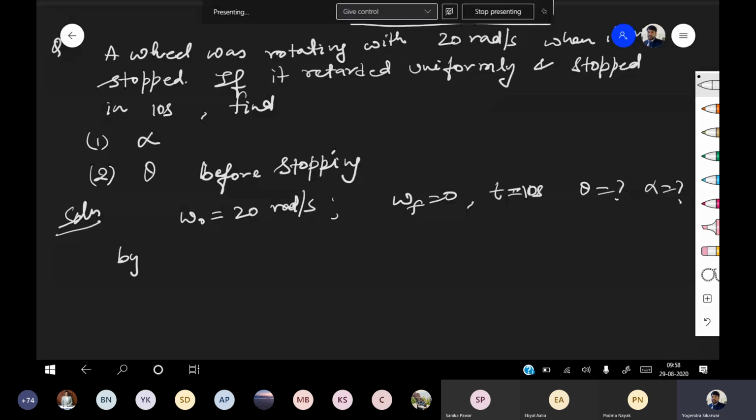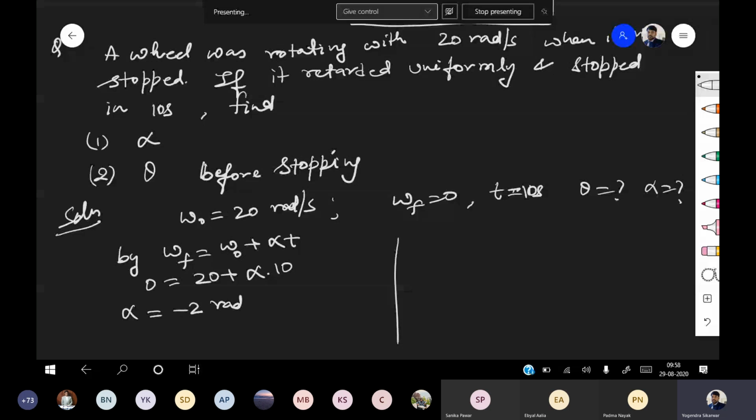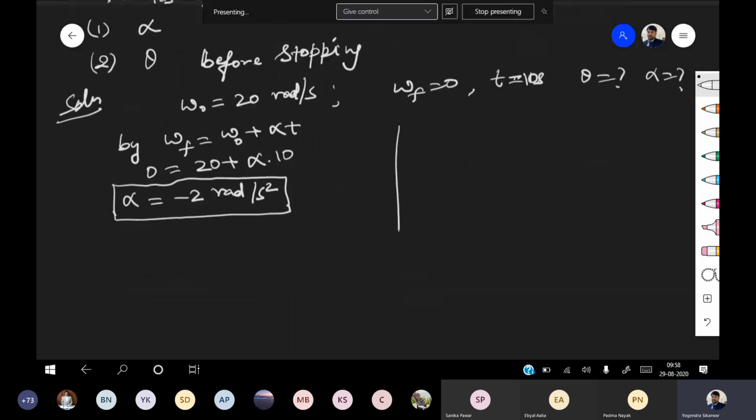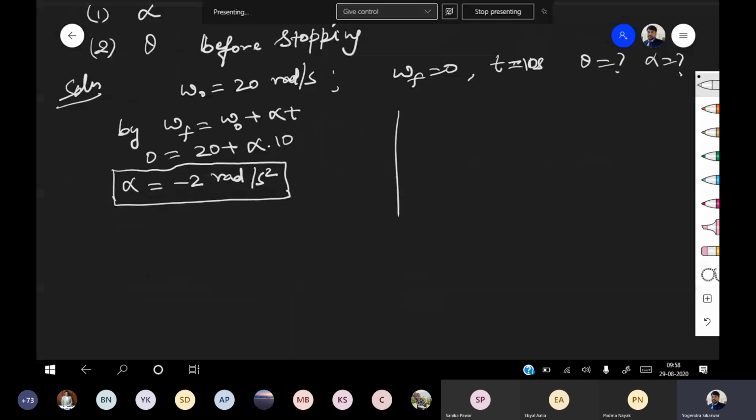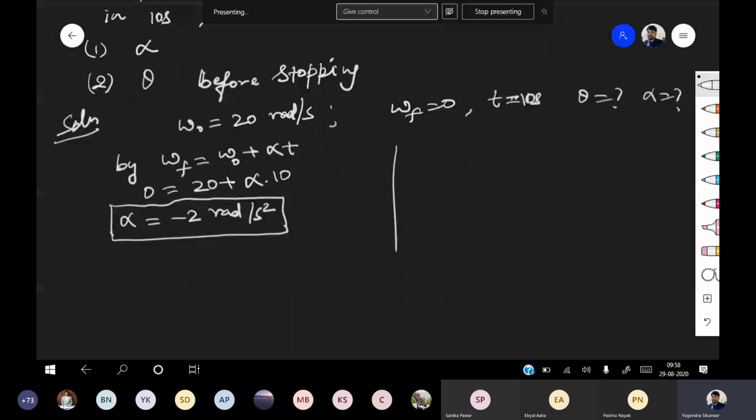So by omega final is equal to omega naught plus alpha t, 0 is equal to 20 plus alpha into 10. So alpha comes out to be minus 2 radians per second square.